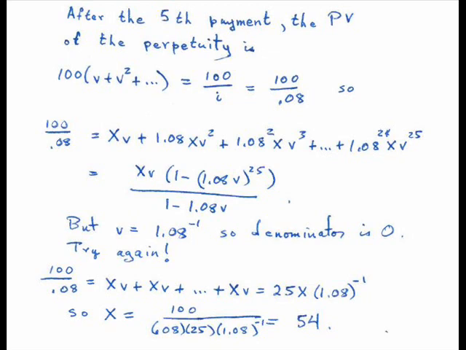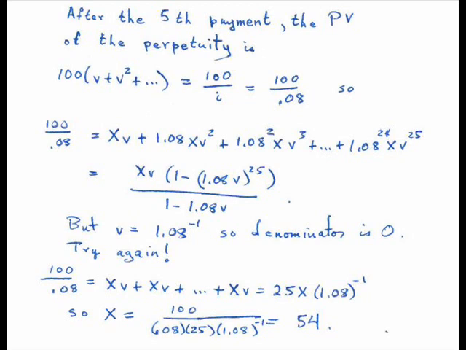And we note that 1.08V is 1. So in those 25 terms, wherever we see a 1.08V, we're going to replace it by a 1. Now the first term doesn't have a 1.08V, so it's an XV, nothing happens.